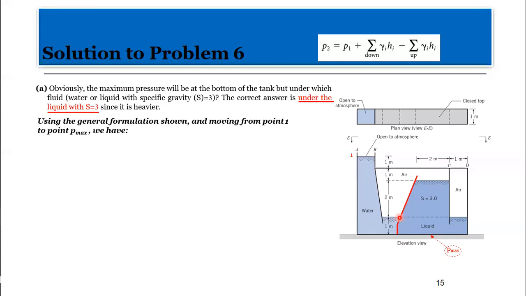Now from here, I will move up. When I move up between this part, when I go here and I get down, it is the same fluid, which is air. So upward movement will cancel what? The downward movement. So I will only need this part here. So from here to here, then I'll get to this part, then I'll forget the top one, and I'll get to this point because I want the maximum pressure.